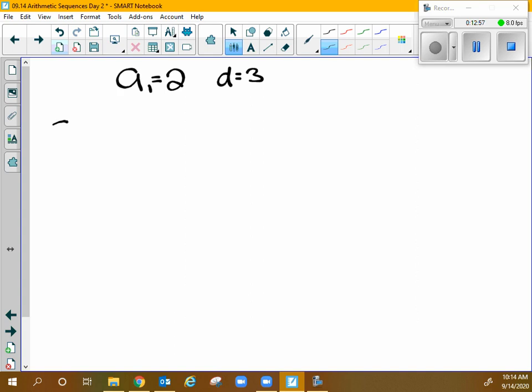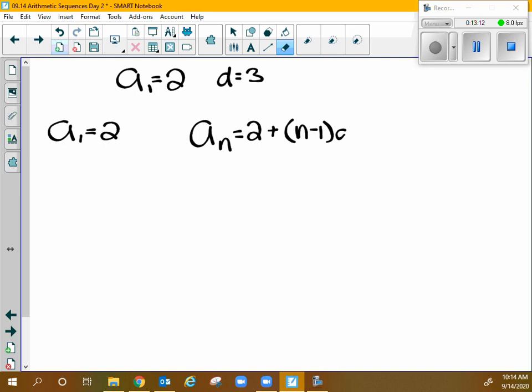I say, okay, well, the first term is 2, and my function is a of n equals 2 plus n minus 1 times 3. If I'm finding my second term, what am I replacing n with? 2.